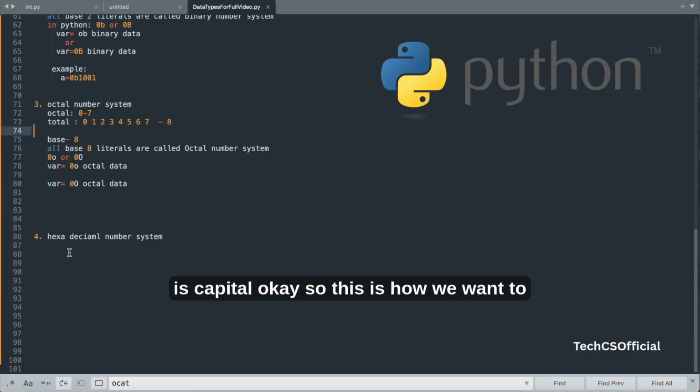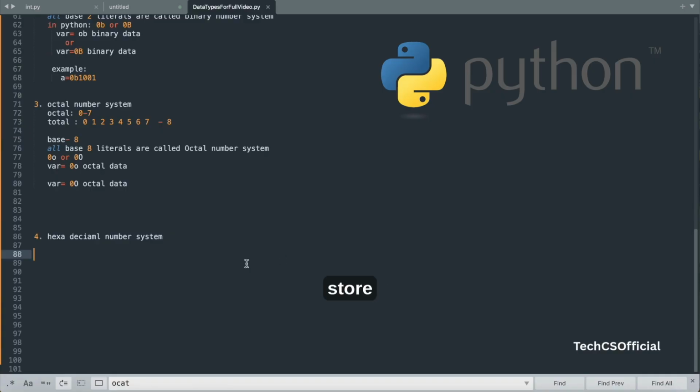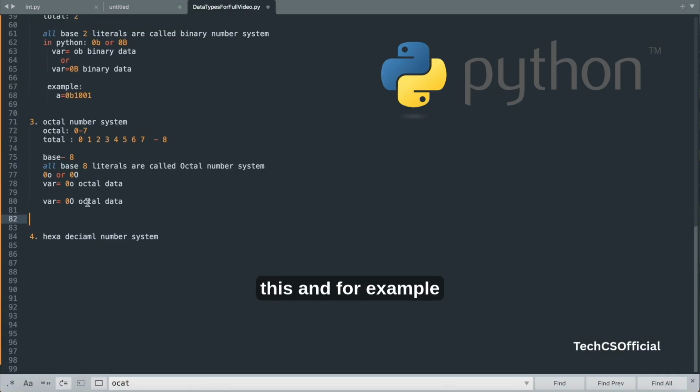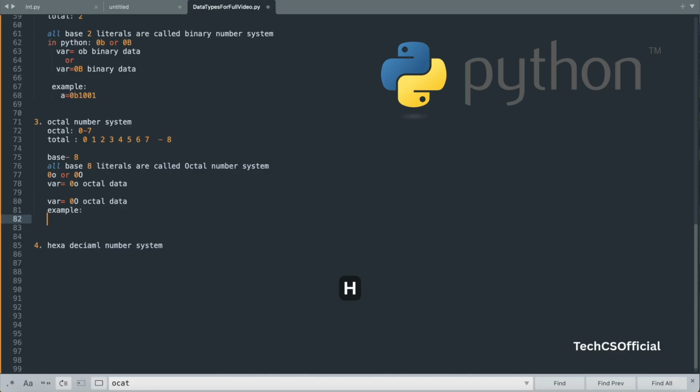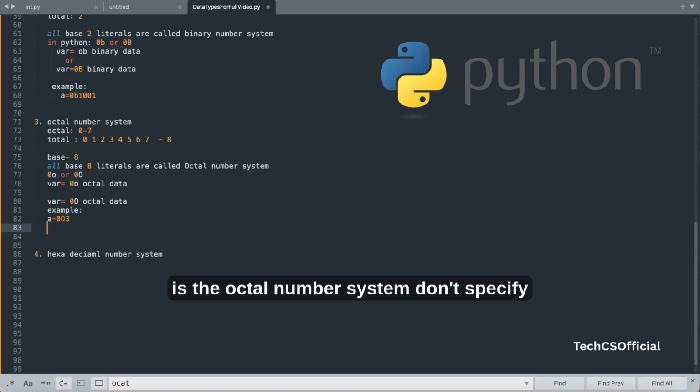So this is how you want to store this. For example, I can give you one example: a is equal to 0o3. You can specify up to 7. That is the octal number system.